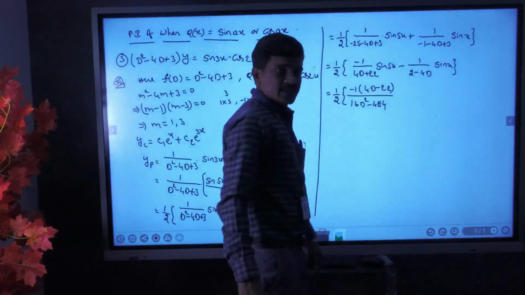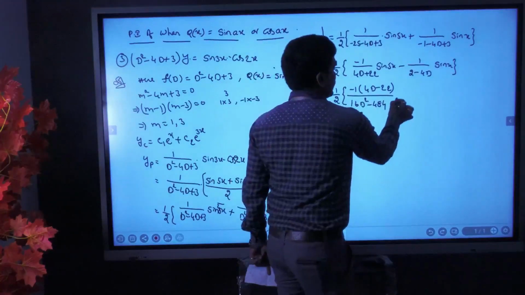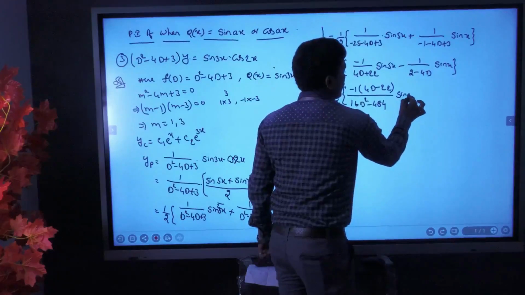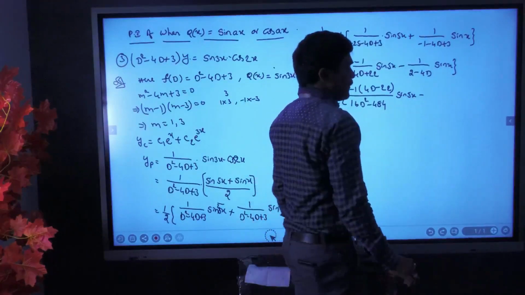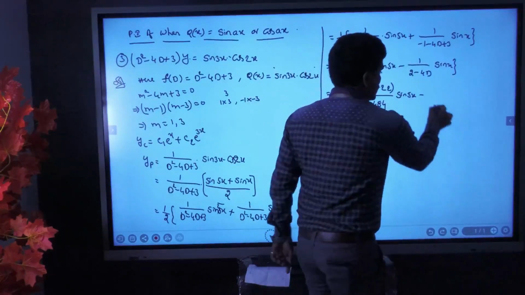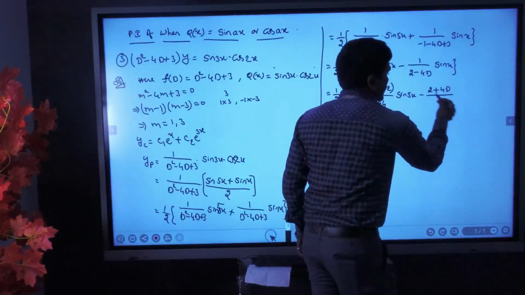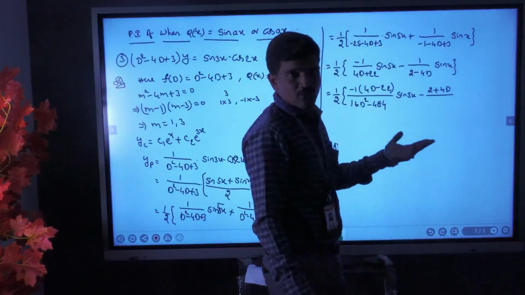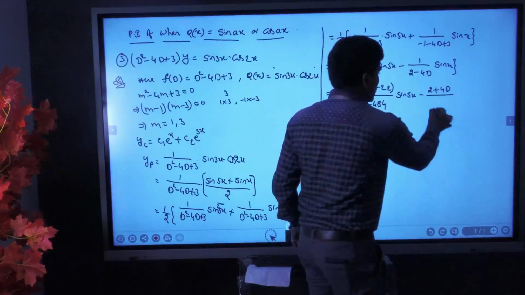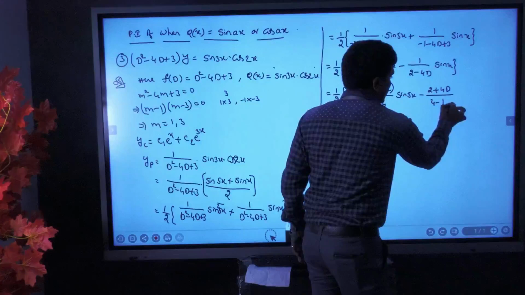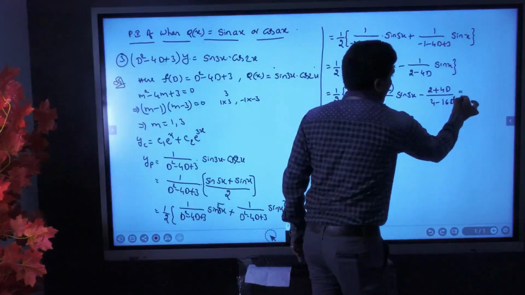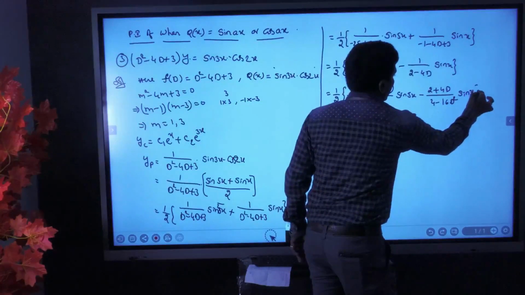So 22 square is minus 484 into sin 5x. Here 2 minus 4d. So rationalizing we get 2 plus 4d by, here 2 minus 4d into 2 plus 4d, then we get a square minus b square, 4 minus 16d square into sin x.